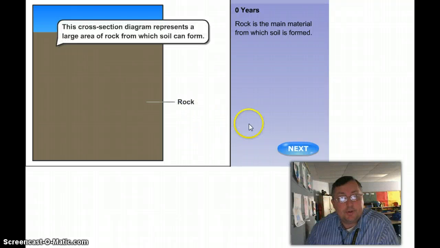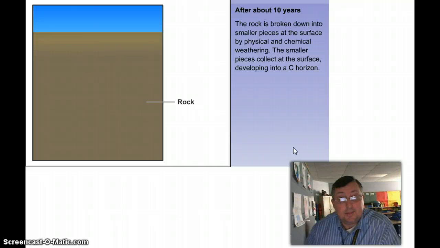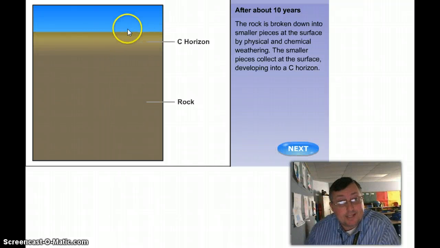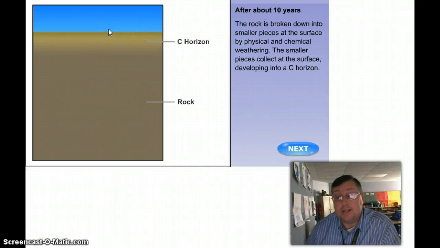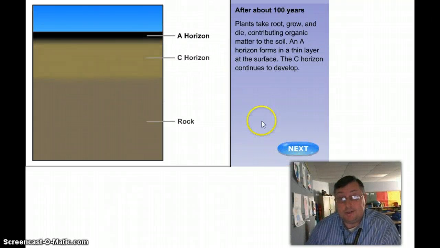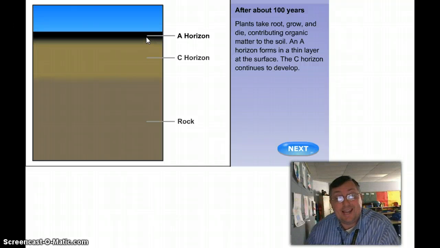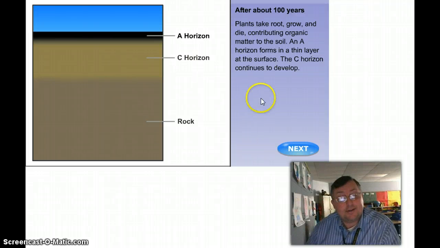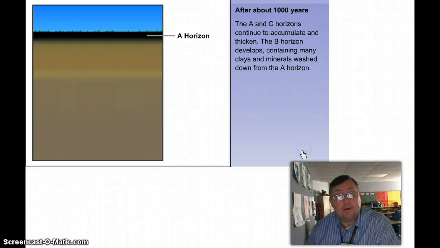So when we were talking about how soil forms, at 0 years we just have basically rock. But after about 10 years, that top layer breaks down into smaller pieces due to weathering, and we get a horizon C layer. After about 100 years, some of that horizon C actually breaks down into some organic matter. So you actually have some soil there where plants can take root and start to grow.